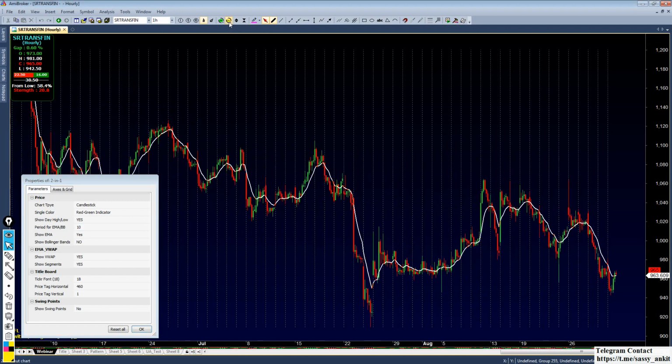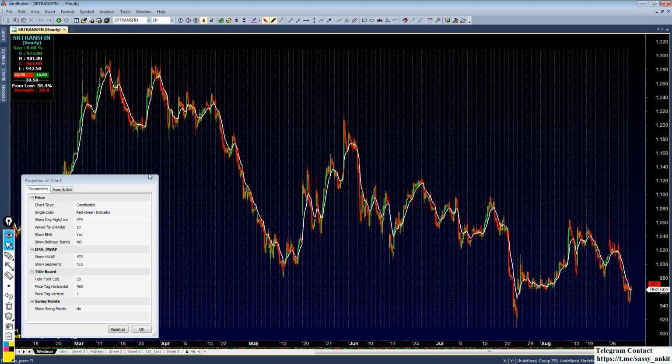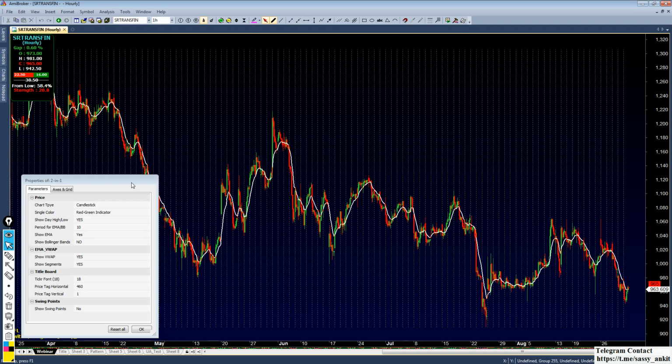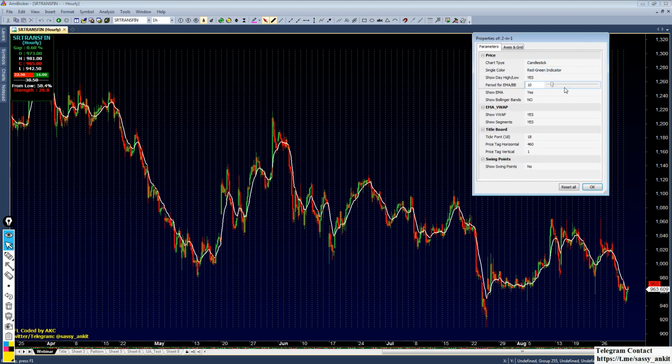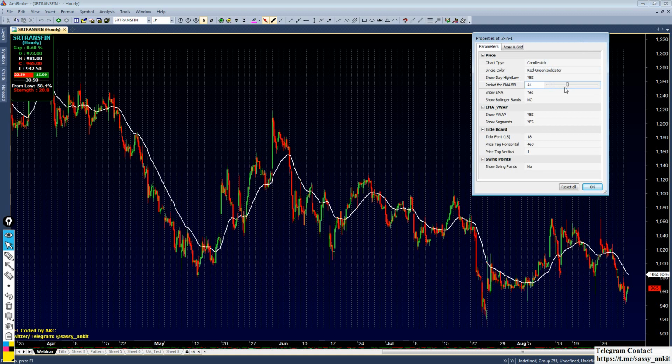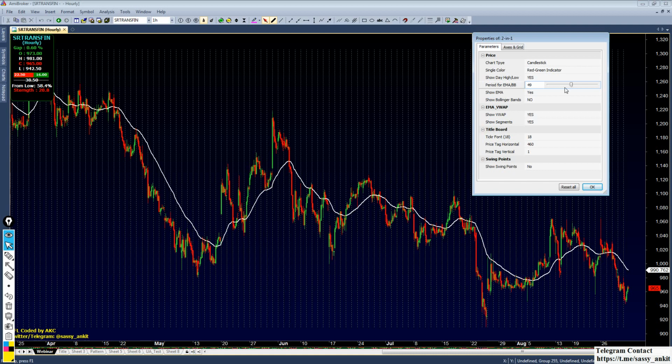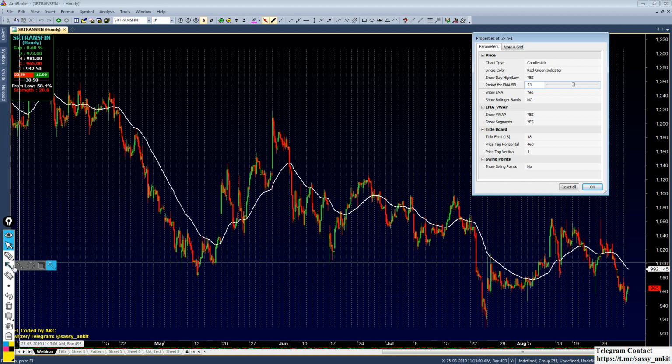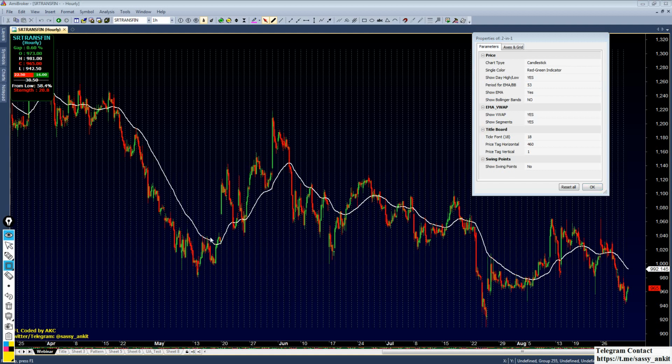Let me zoom out the chart so that I can have a clear view. I am currently observing these points, these points, these points, and somewhere here.